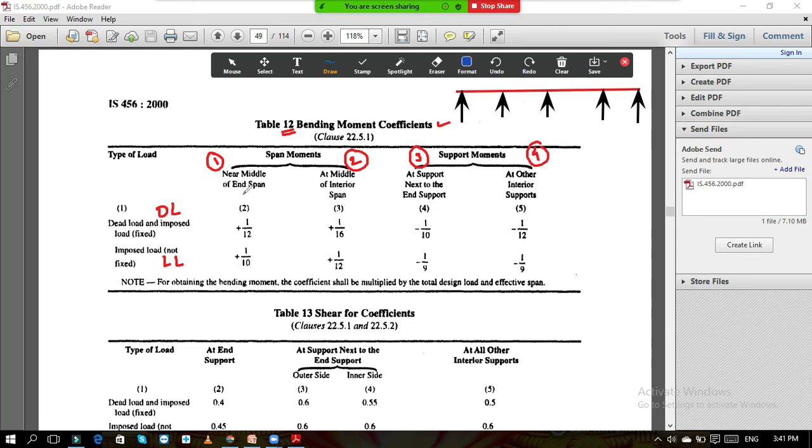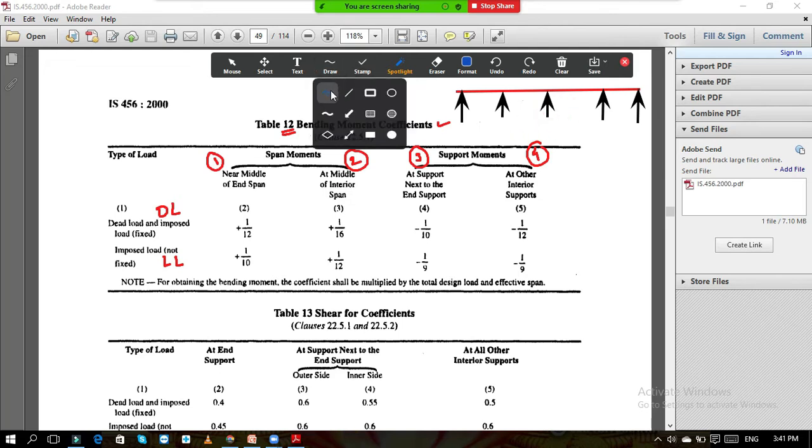Here, first this is your end span. Now you know what is end span and what is interior span. This span is your end span, this is also your end span. And these two spans are intermediate spans, or interior spans.